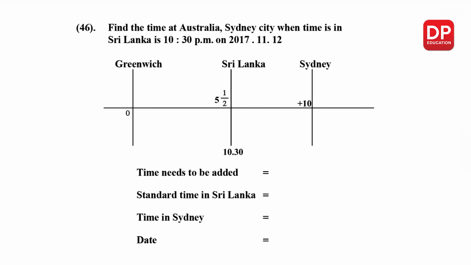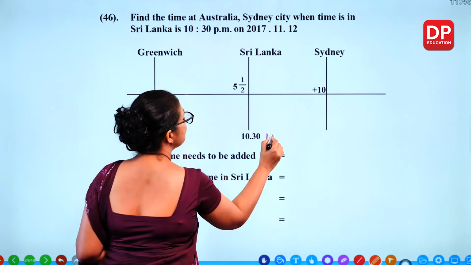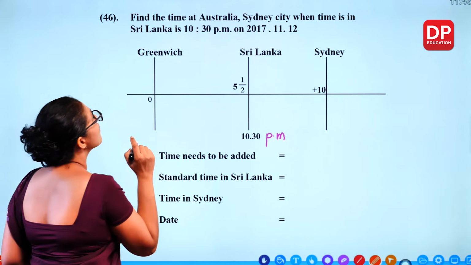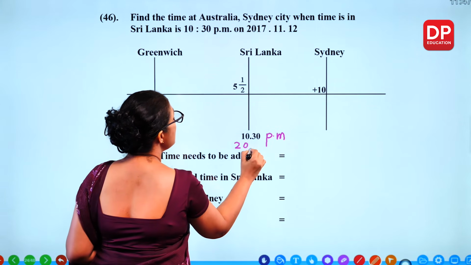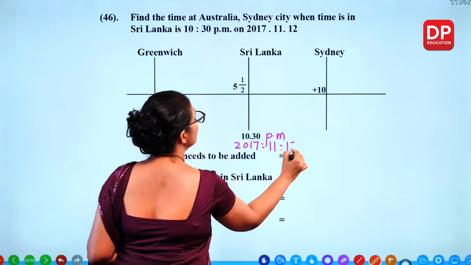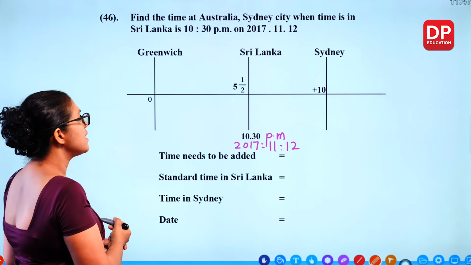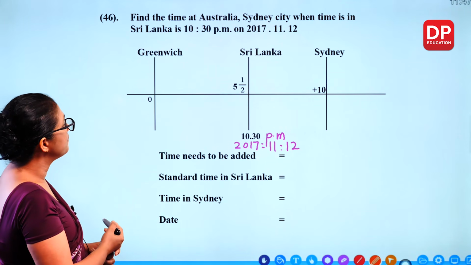Find the time in Sydney, Australia, when the time in Sri Lanka is 10:30 p.m. on 2017/11/12. So this is the date and time given. Time needs to be added.